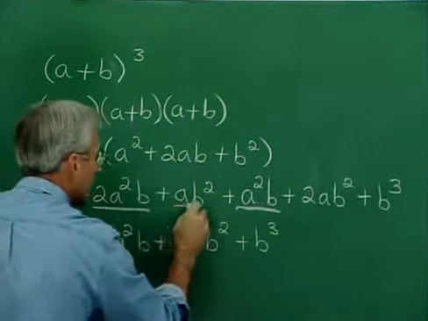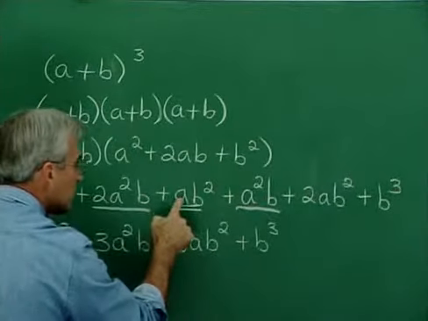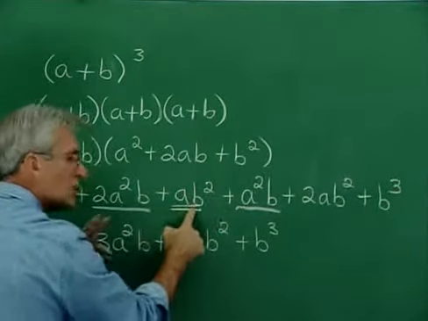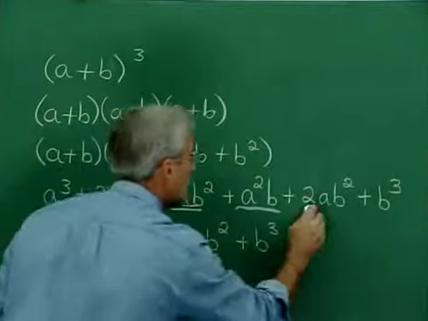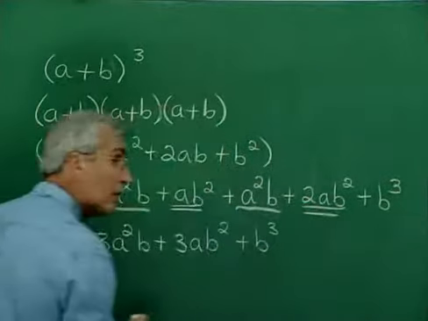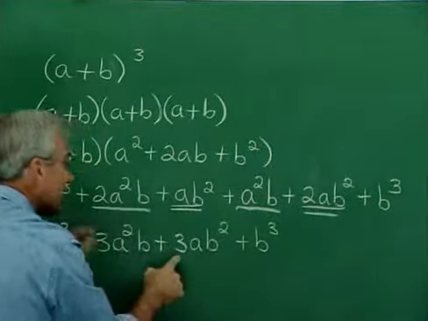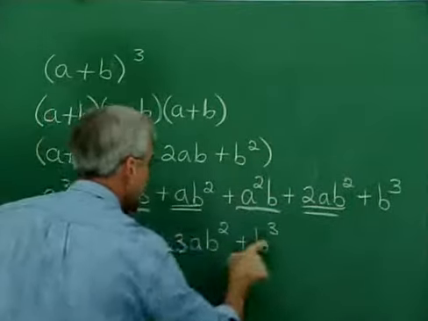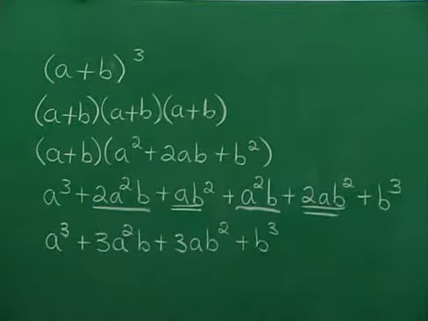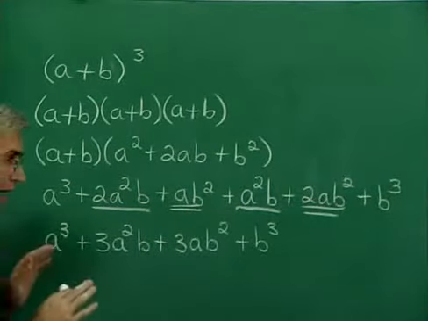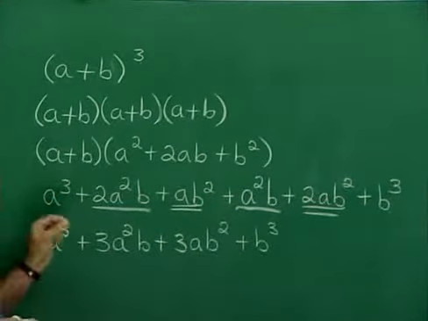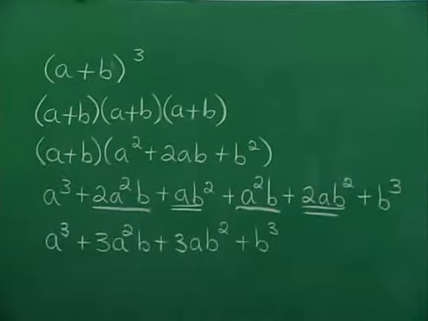And then, in a similar way, we have one ab squared here. We have 2 ab squared here. So together we have 3 ab squared. And then we bring down the b cubed. Now, here's the pattern we want to recognize. Think about a and b as just items that fill positions within our original problem.